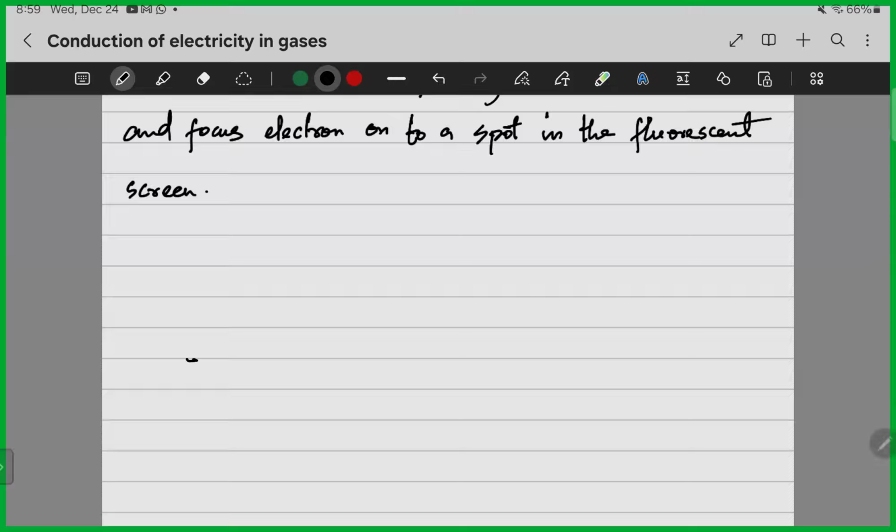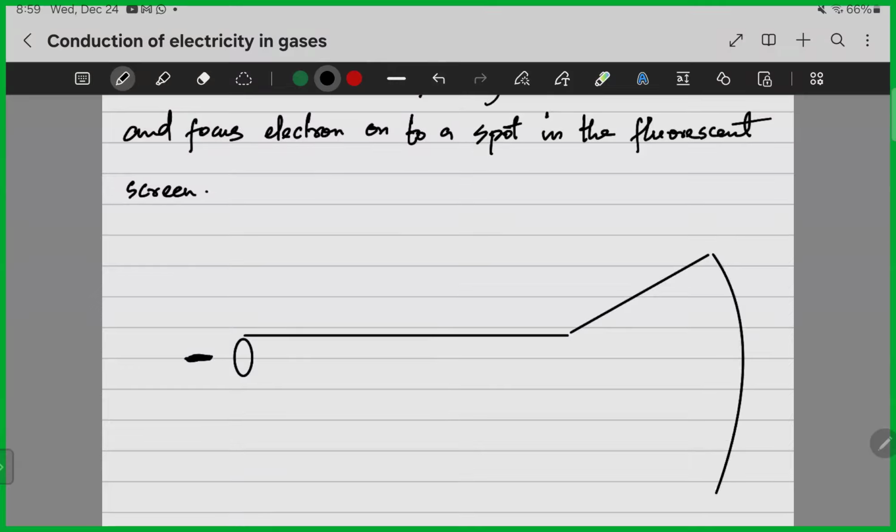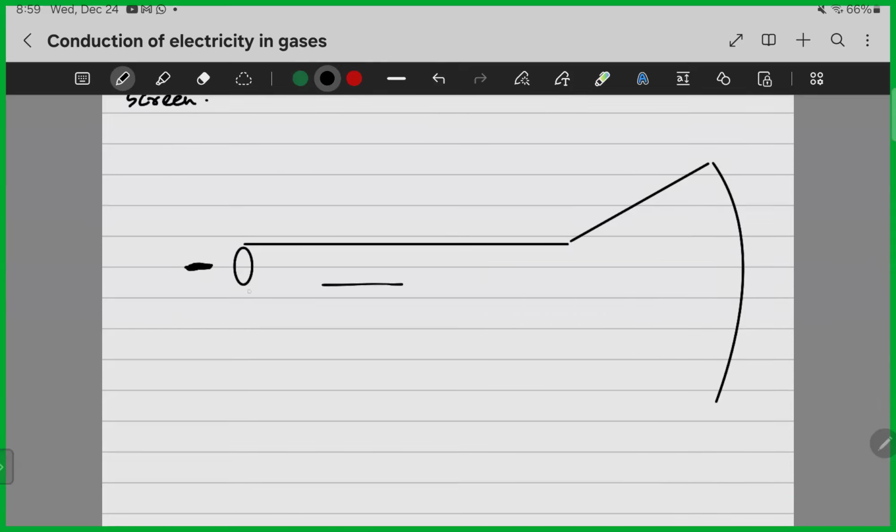So we have, right now, over here one black thing.